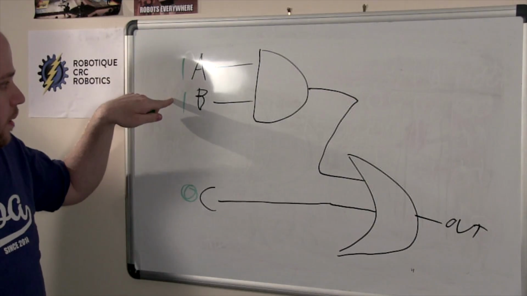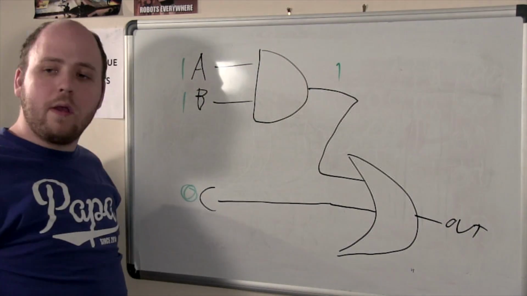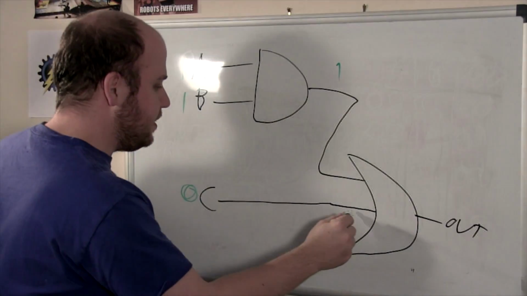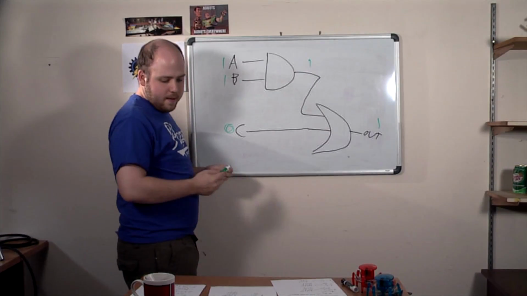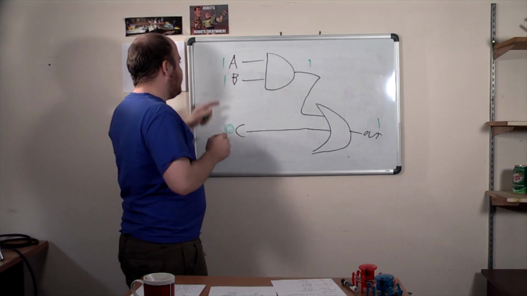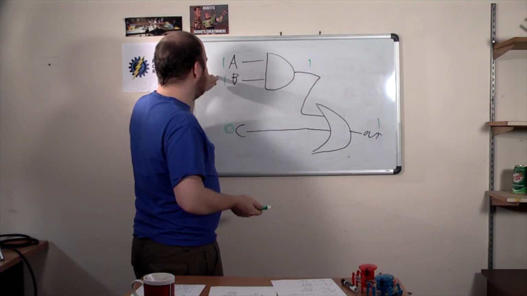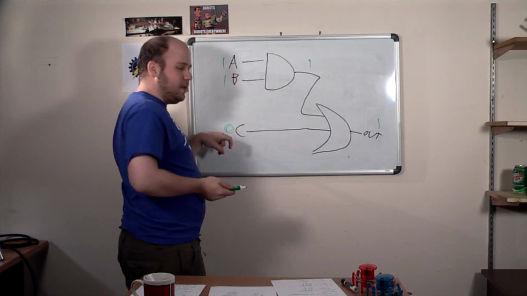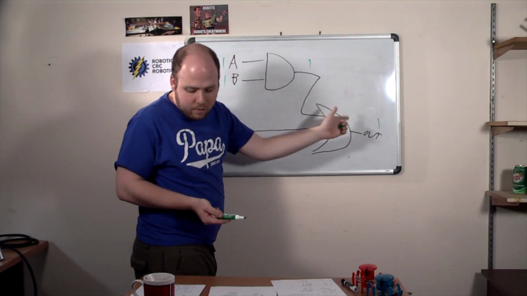So 1,1, our output of an AND gate, we have a 1 that propagates. Here we have a 0, 0 and 1, the output is right now 1, right? So let's say that I switch A or B, what would happen? Well, down the line, if I switch A or B, since this one is at 0, the output will switch from 1 to 0 because it propagates.